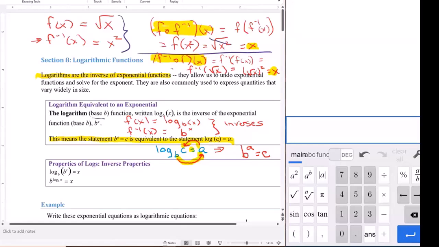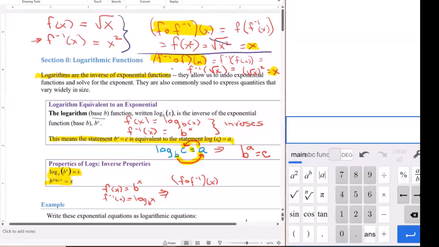Why is that important? Because it explains these two properties. If I were to say f of x is equal to b to the x and f inverse of x is equal to log base b of x, then if I do the composition of the two functions, I get x.